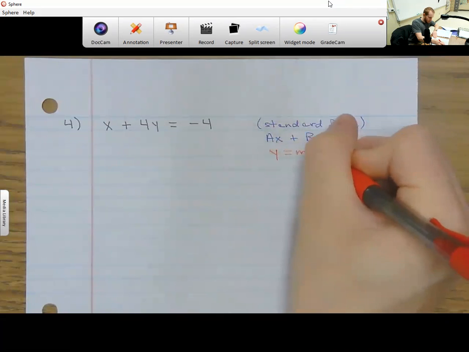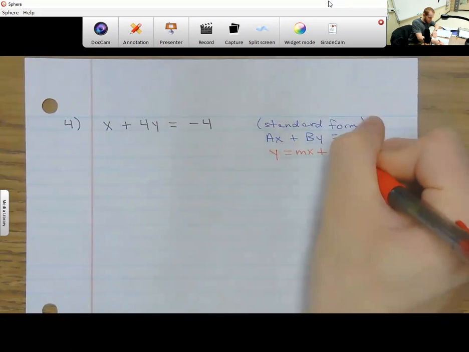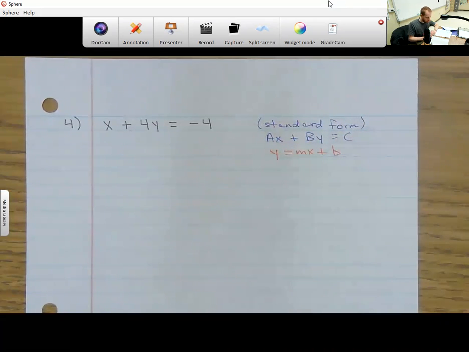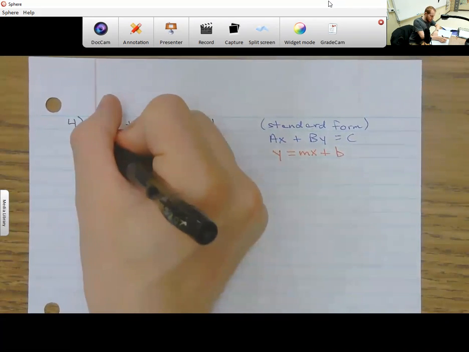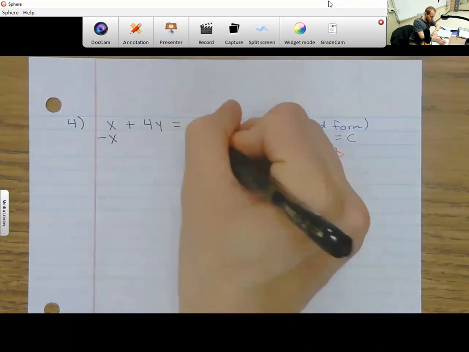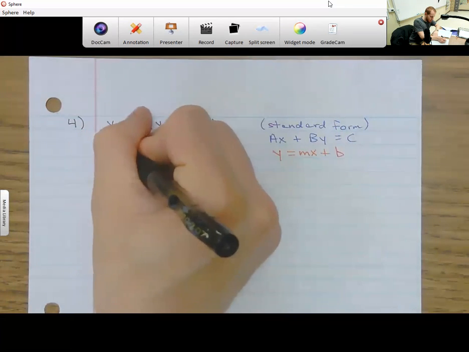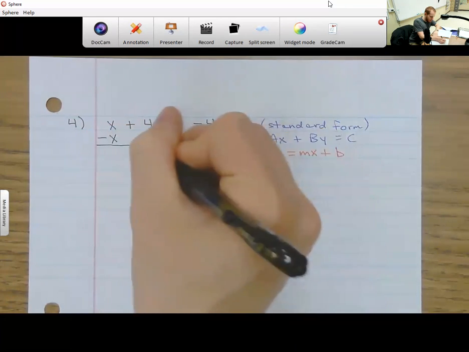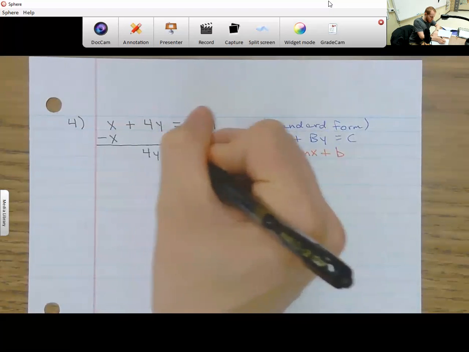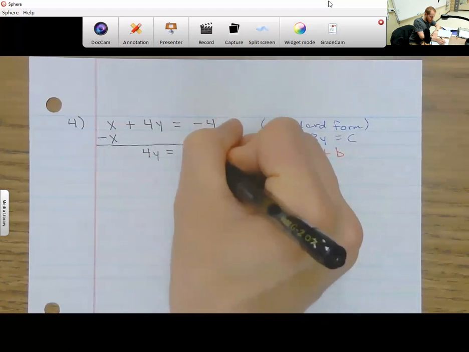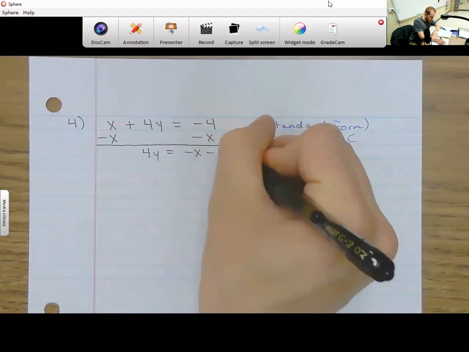Y equals mx plus b. So let's see if we can get y by itself. Well, I would get rid of the x first. I would subtract it from both sides. So subtract x. I get 4y equals negative x minus 4.